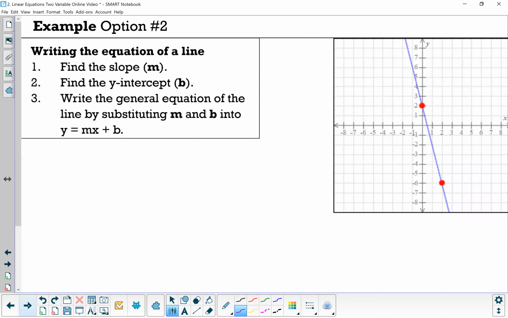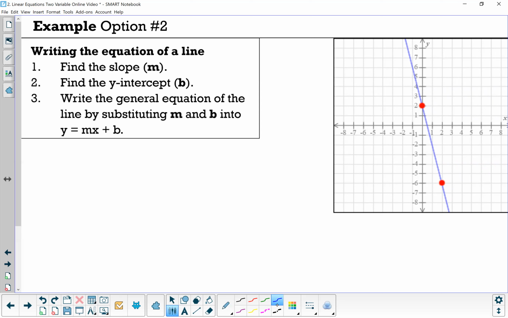Now you can also calculate this. All right, so you can use the equation. Sometimes people forget that it's just very easy to read the y-intercept off the graph. So if you didn't remember to do that, there's an alternative. You still need to find your slope, whether you're using the slope formula or you're counting. In this case, it's just as easy to count.